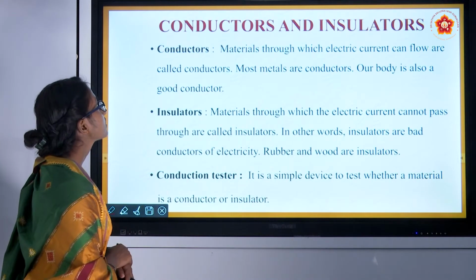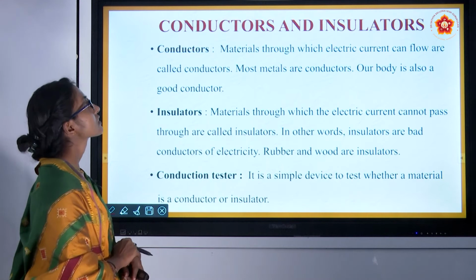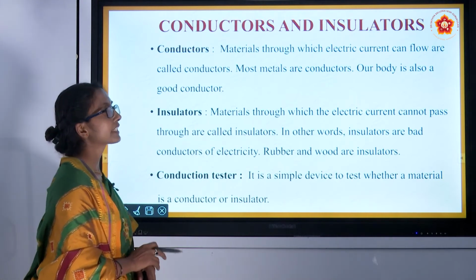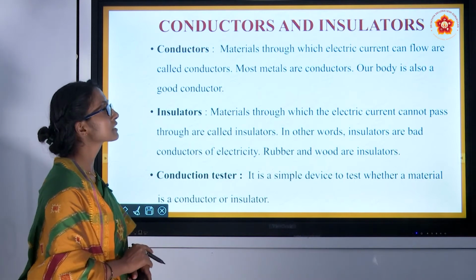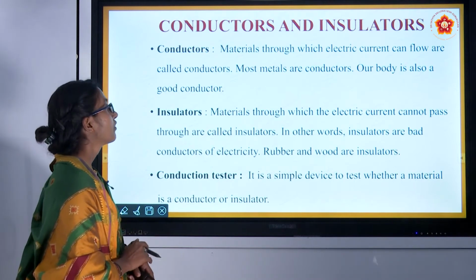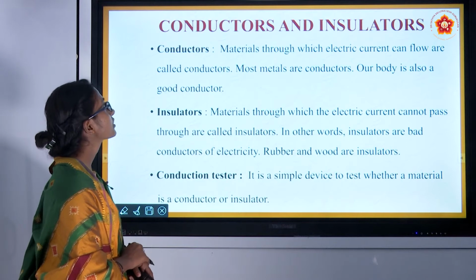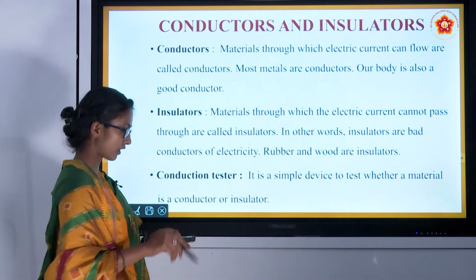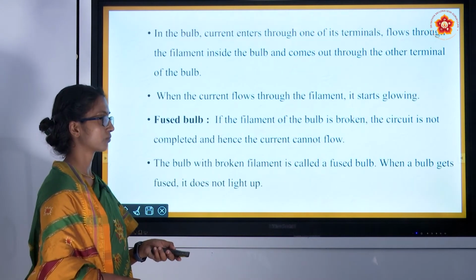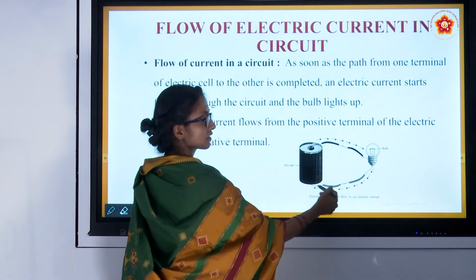Conductors and insulators. Materials through which electric current can flow are called conductors. Most metals are conductors. Our body is also a good conductor. Conductor means connecting wires; here you observe connecting wires.